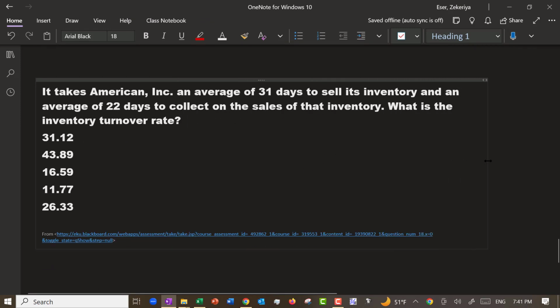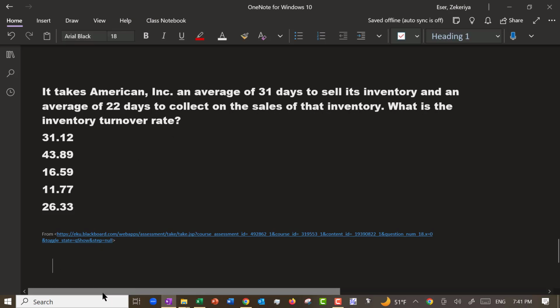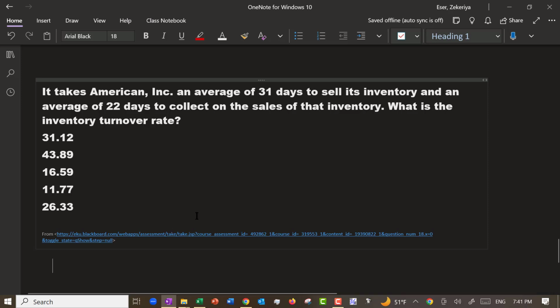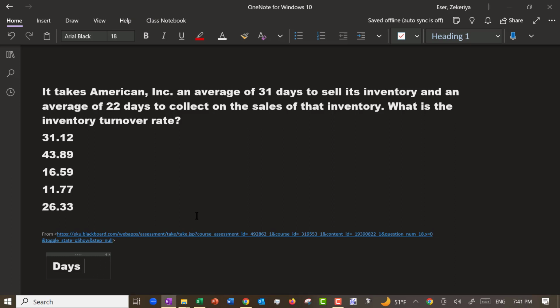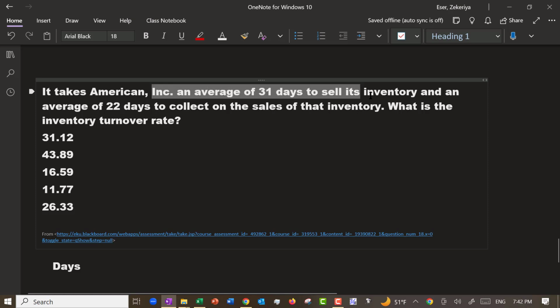It takes this firm an average of 31 days to sell its inventory, an average of 22 days to collect on the sales of inventory. What is the inventory turnover rate? Okay. Here, you need to recognize what's relevant. Since we're doing an inventory turnover rate, we're going to have to use the number that's related to inventory, right?